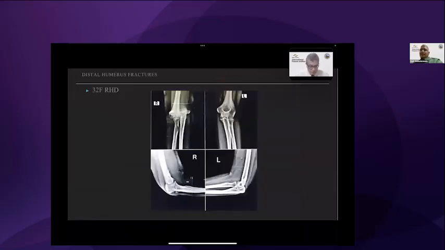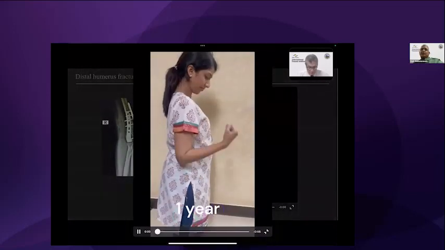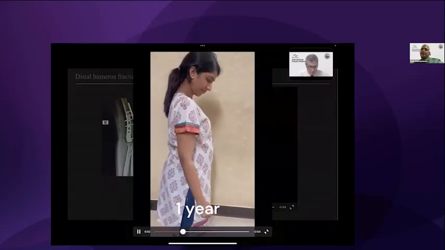Another case, a distal humerus fracture with intercondylar fracture in a young female who is an endocrinologist by profession. This is also done by triceps sparing approach, and anatomical locking plating was done.